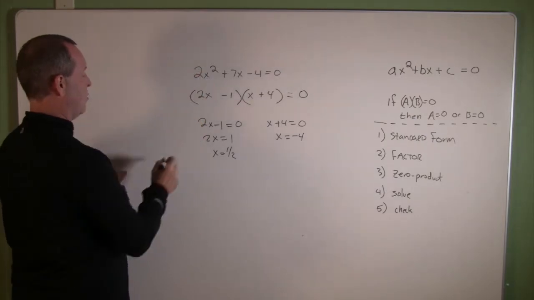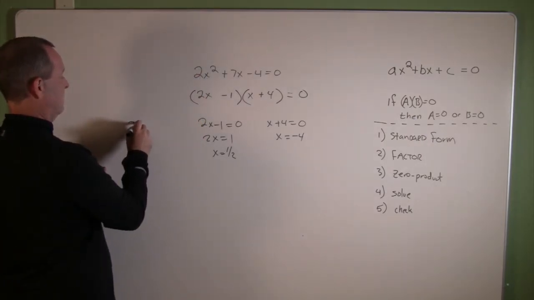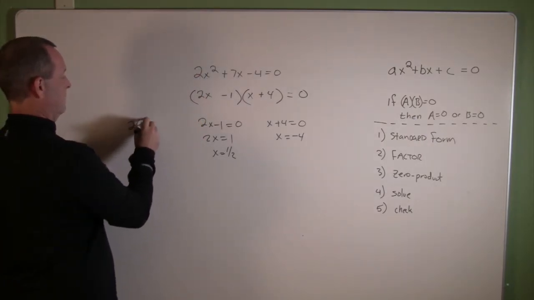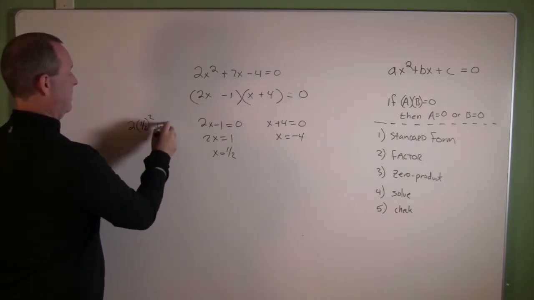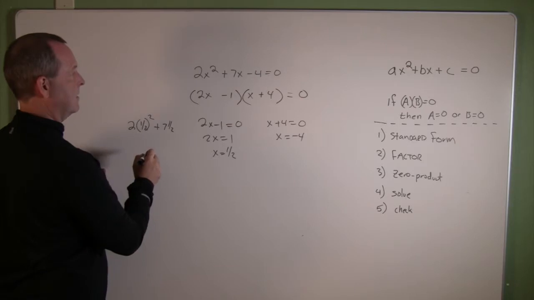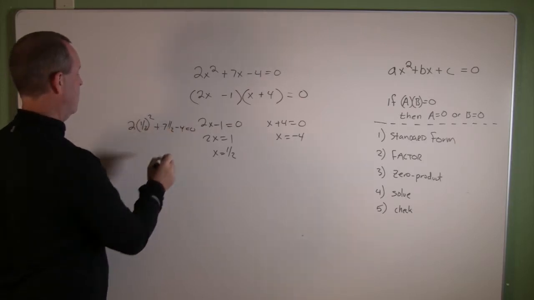So 2 times x squared plus 7 times x minus 4 equals 0.